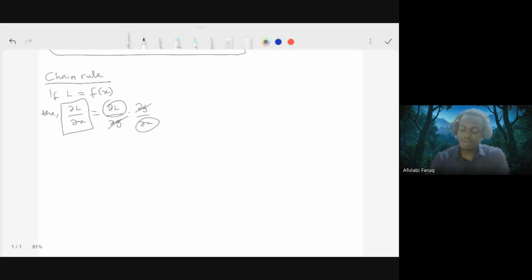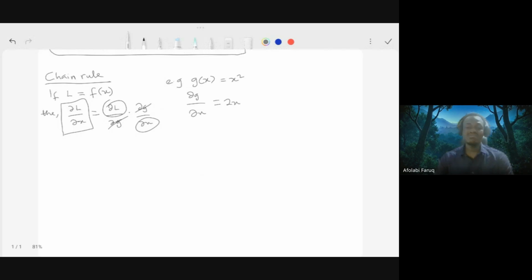And an example of how this works: let's say we have G of X equals X squared. Okay? For us to be able to compute dG/dX, this is what we want to compute. The dG/dX is going to be equal to what? 2x.